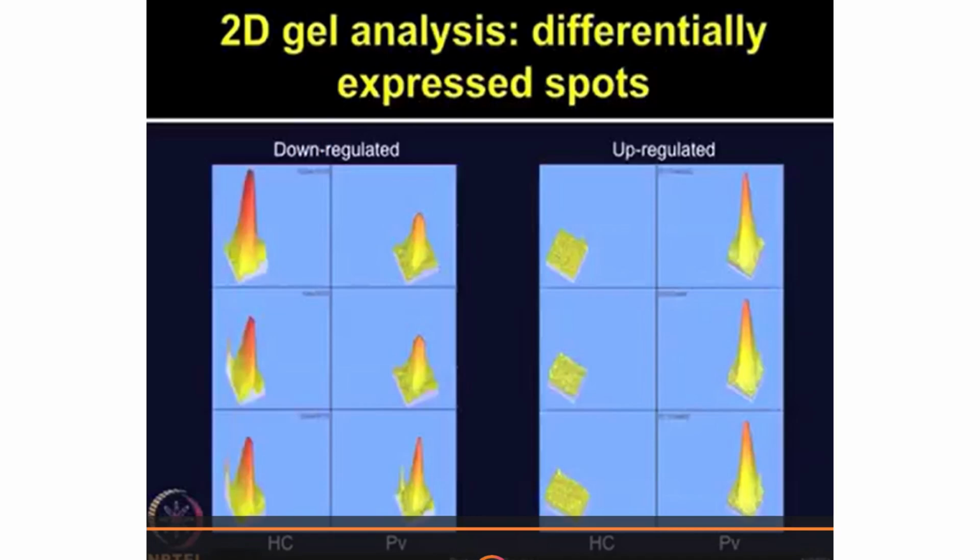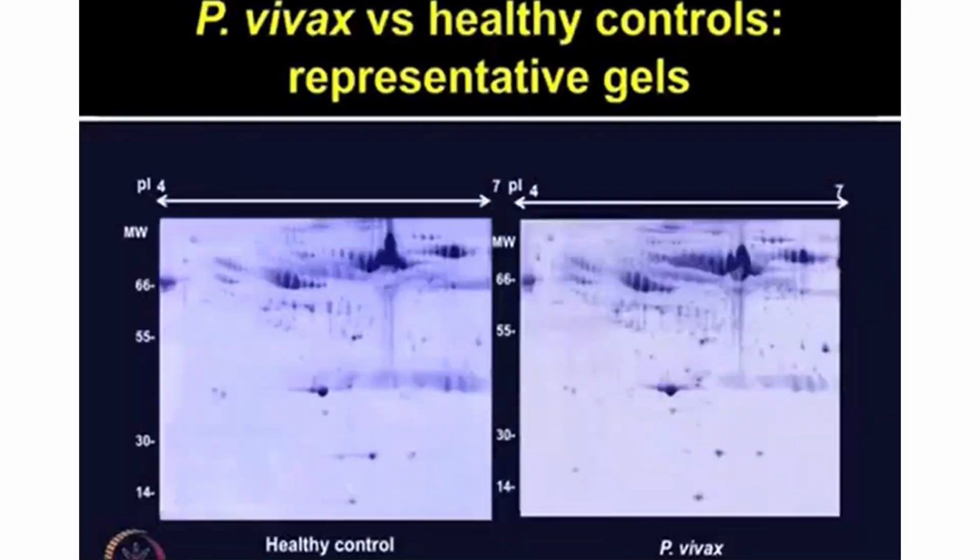There might be some spots which are denser and darkly spotted, whereas a few will be smaller in size and not that densely spotted. We indicate them at the same location, basically this location itself. If you see clearly here, this is a bit more dense compared to this.